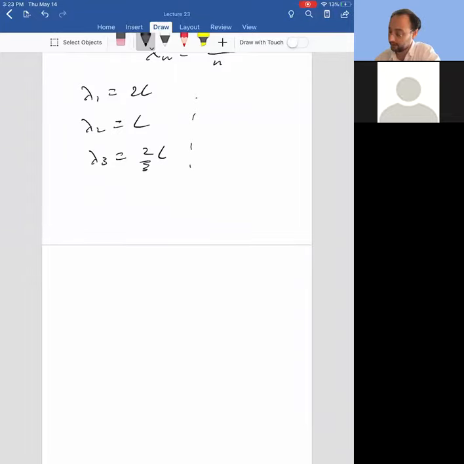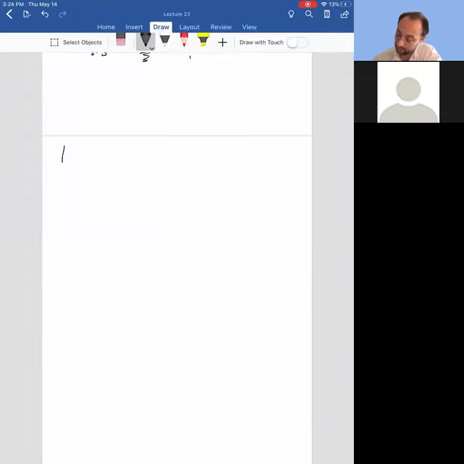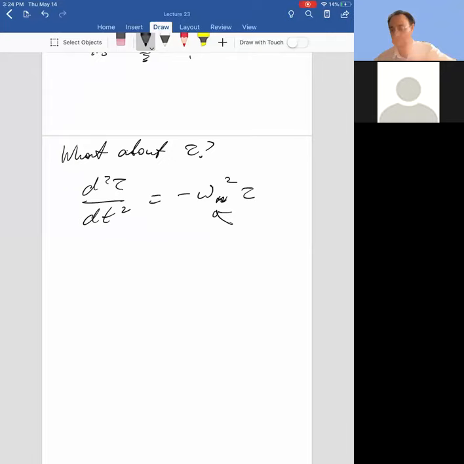What about the temporal solution? Well, we have d squared tau dt squared equals minus omega sub n squared tau. Notice that omegas also have to be discrete because omega equals kv. Since k is discrete, you have a discrete ladder of solutions.